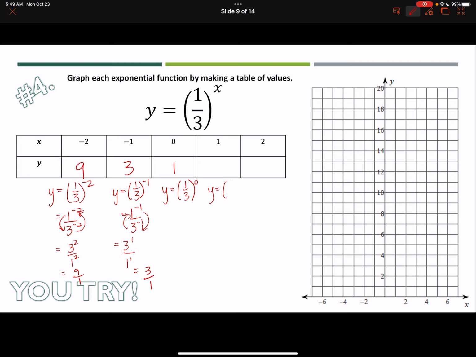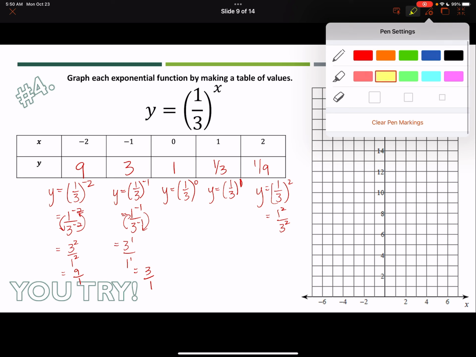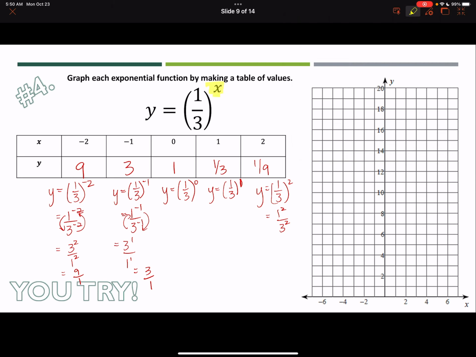When I raise 1/3 to the first, I just get 1/3, right? And 1/3 to the second is 1 squared over 3 squared, which is 1/9. So hopefully you got those same values. And again, notice x is the exponent. What's the pattern? I'm dividing by 3 every time, right?